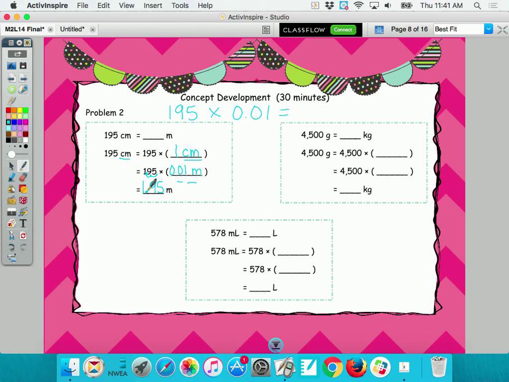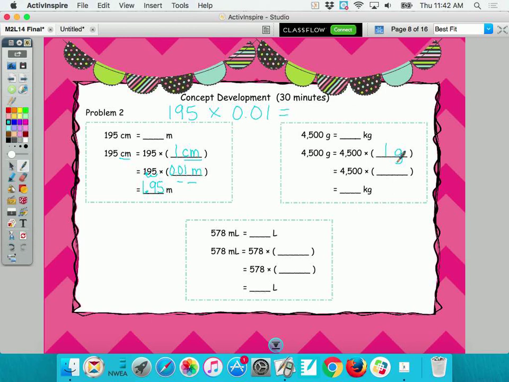Okay, let's go across to grams and kilograms. So 4,500 grams is 4,500 copies of what? 1 gram. Okay. 1 gram, Alondra, is equal to how many kilograms? Okay, let's go back.